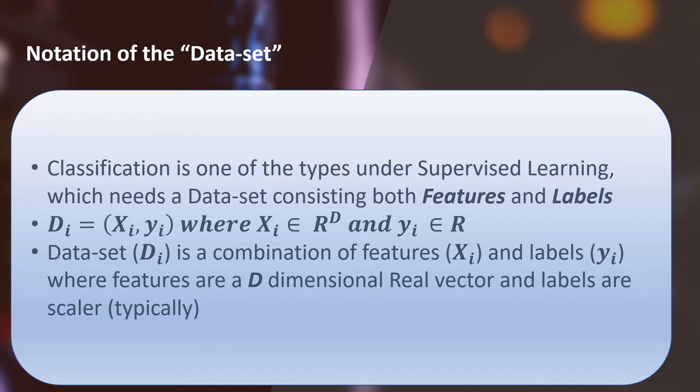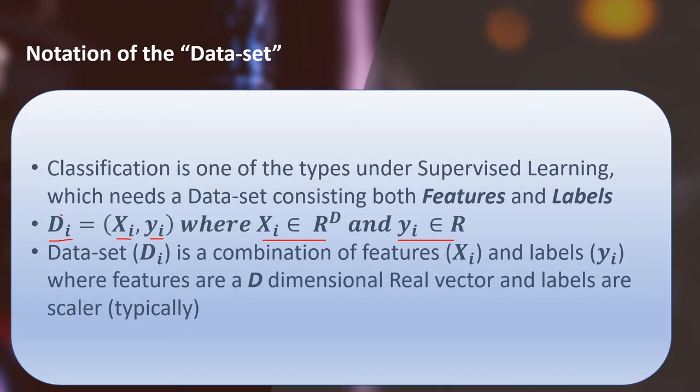Mathematically, our data is denoted with Di, which consists of xi and yi, where xi belongs to R^d and yi belongs to R. Don't be scared if you don't understand anything; I will simplify this within a couple of seconds.